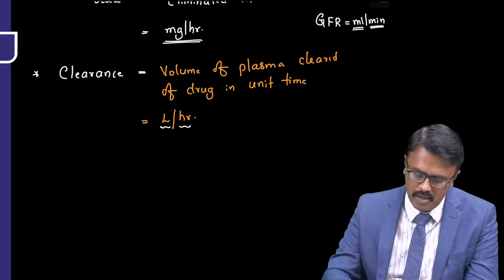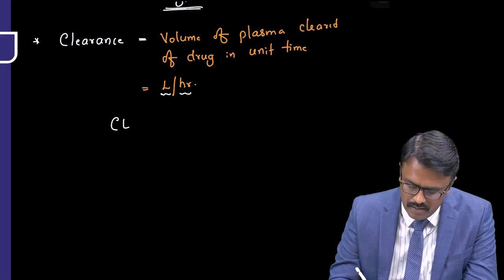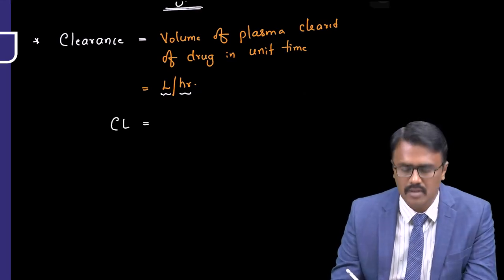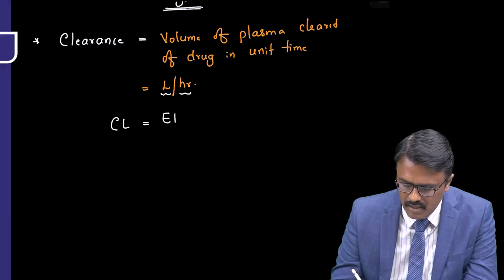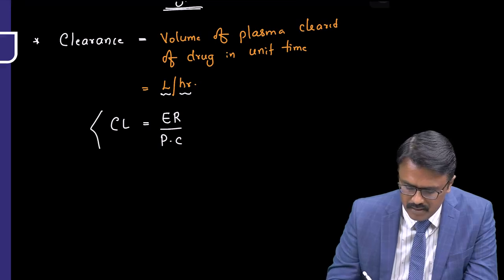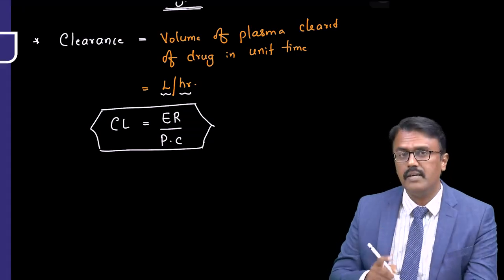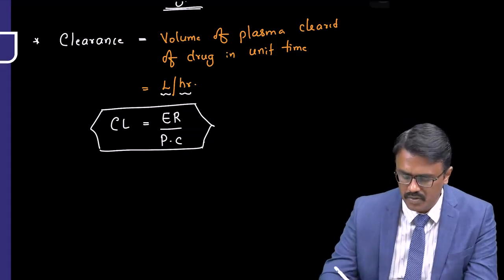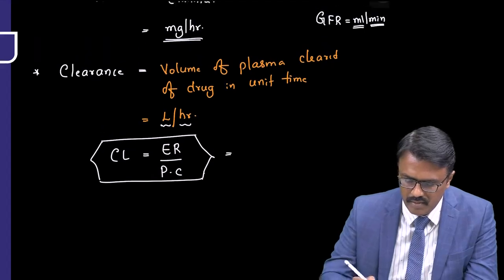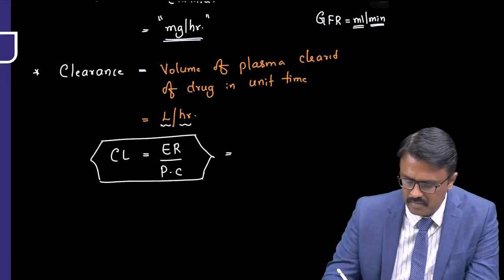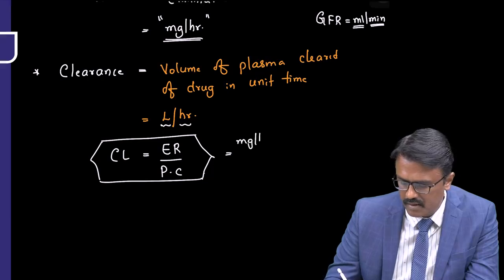One more formula you have to keep in your mind. Clearance is also given by elimination rate divided by plasma concentration. So please mark this. Now what is the unit of elimination rate? It is milligram per hour.